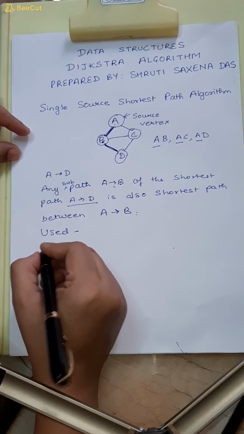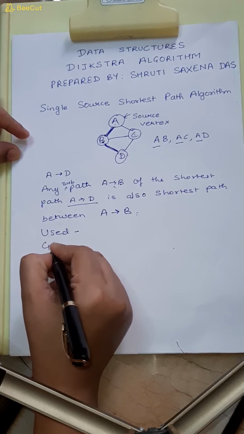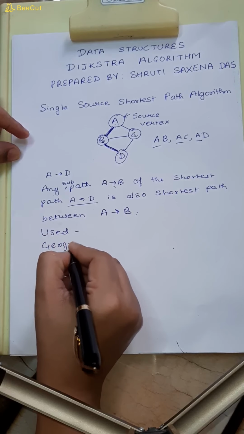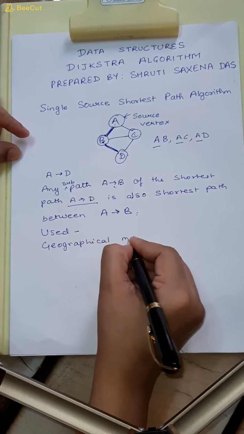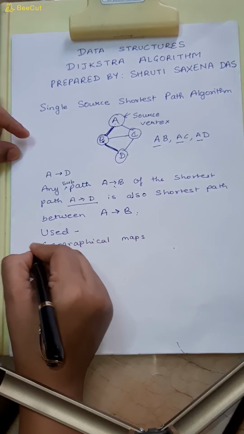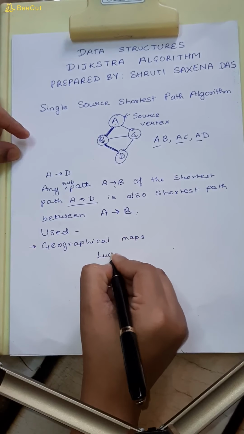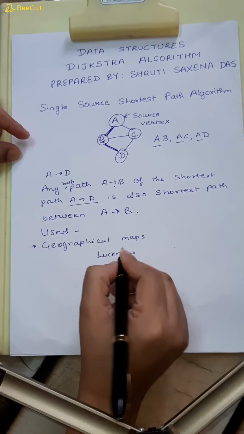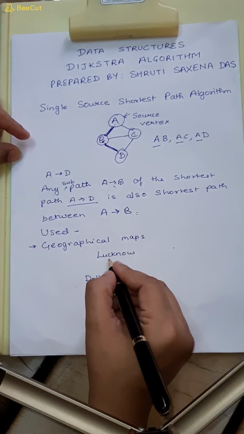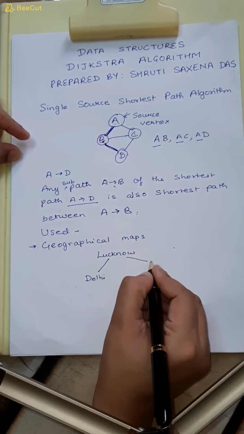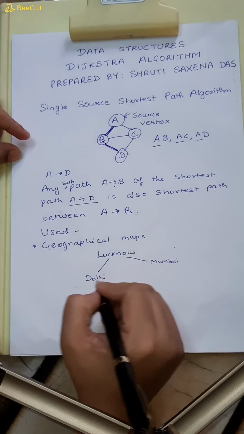This algorithm is used in Google Maps. You must be using Google Maps, and in geographical maps this concept is used, in which you can see from a particular location the distance to other locations. Like if I open from Lucknow, if I want to go to Delhi, there are multiple routes. I can go to Delhi directly, I can go via Mumbai, or I can first go to Agra and then Delhi.